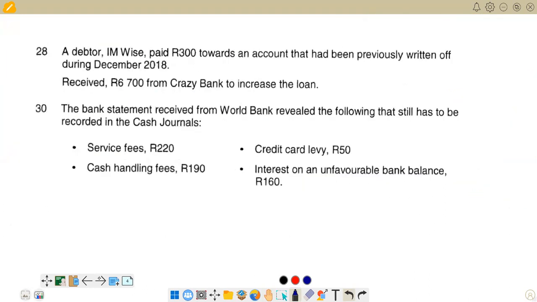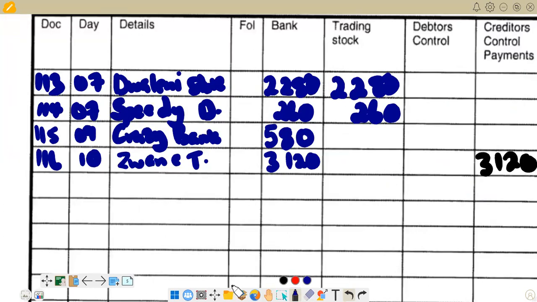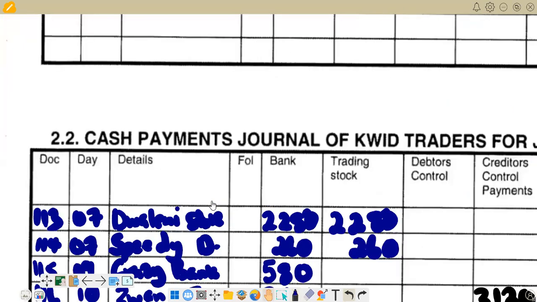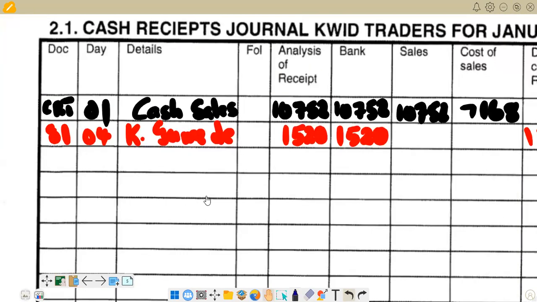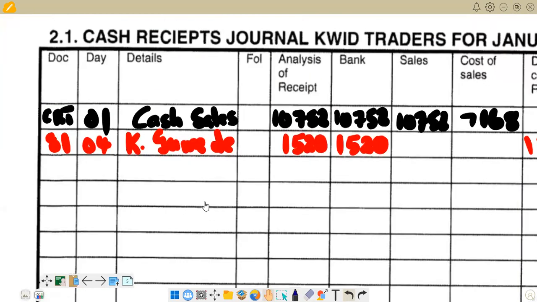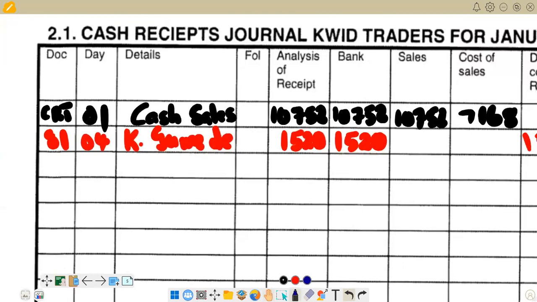So we go back to our cash receipts journal now. This is our cash receipts journal. What we are going to do, we are going to say here we have our document, it's 82. Then our day, remember, it's 18.